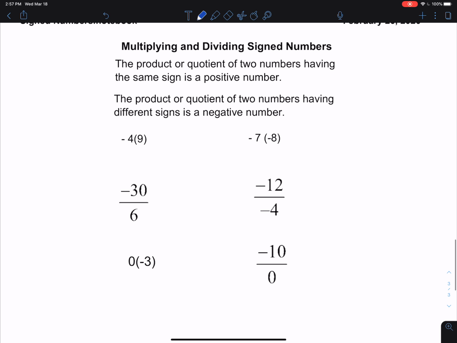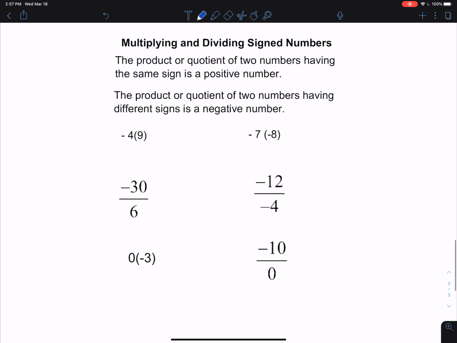If I look at multiplying and dividing signed numbers, the product or quotient, so remember product is our answer to multiplication and quotient is the answer to division, of two numbers having the same sign is a positive number. But if we have the product or quotient of two numbers having different signs, our answer is a negative number.